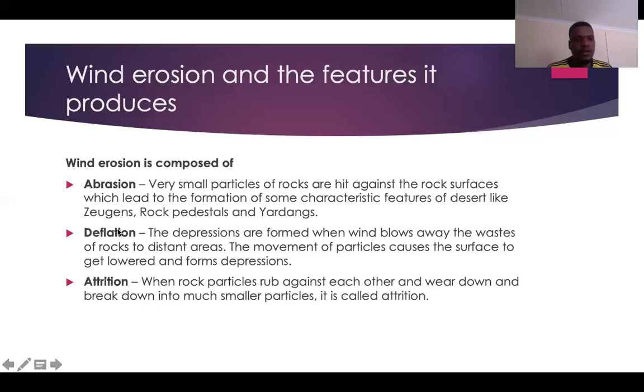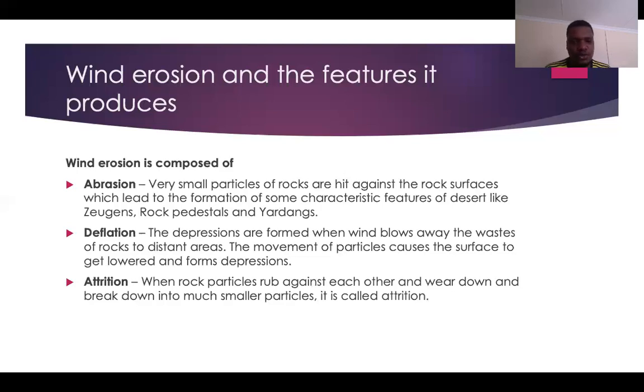Okay, the next thing we'll look at is erosion which we call deflation. So deflation, basically what it does is the wind comes with a lot of force. It has a lot of energy. Therefore, it begins to carry away sand from a certain area.